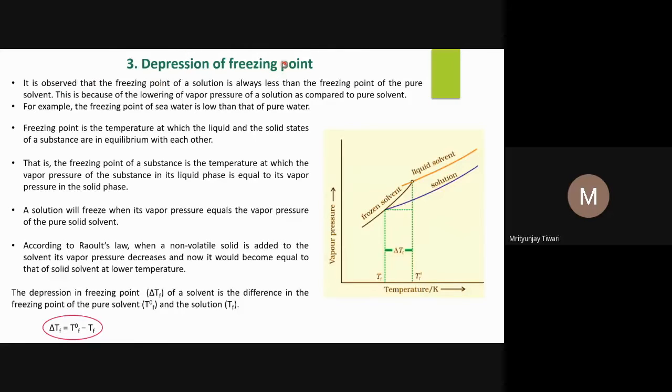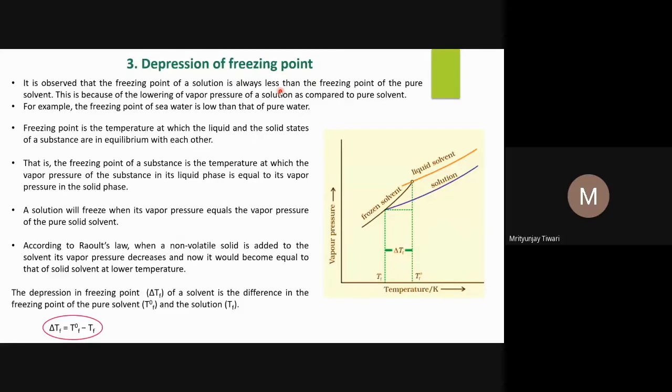Now the third colligative property that we are interested in is the depression of freezing point. We know what the freezing point is. The temperature at which a liquid gets transformed into the solid phase is called the freezing point. And if the solid gets converted into the liquid, the same temperature we call the melting point. So the melting point is of a solid and the freezing point is of a liquid.